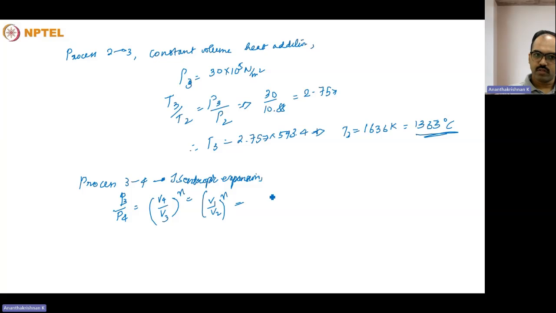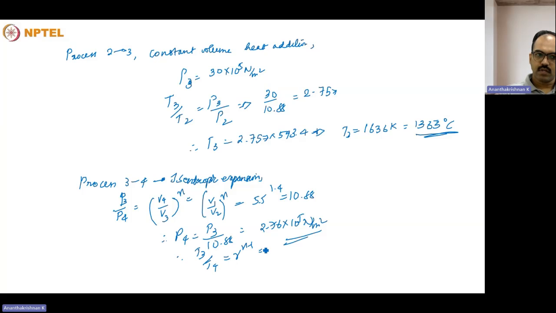That is the compression ratio raised to gamma, 5.5 raised to 1.4, equal to 10.88. Therefore, P4 is equal to P3 divided by 10.88, equal to 2.76 into 10 power 5 Newton per meter square. Therefore, T3 by T4 is equal to R raised to gamma minus 1, that is 5.5 raised to 0.4, equal to 1.978.